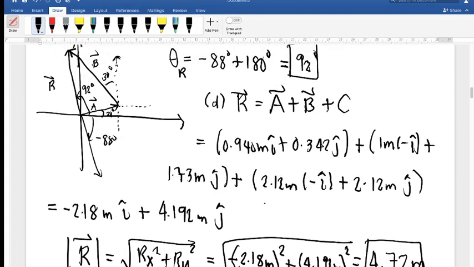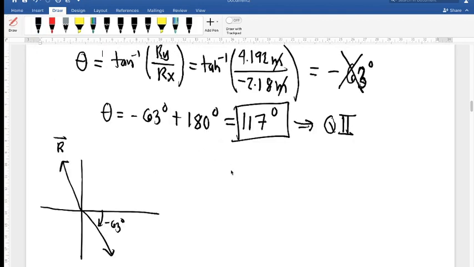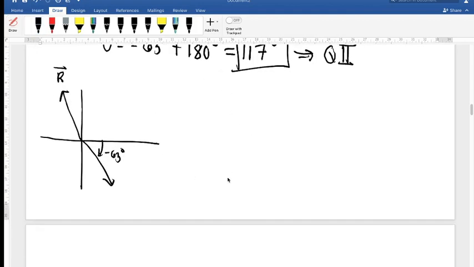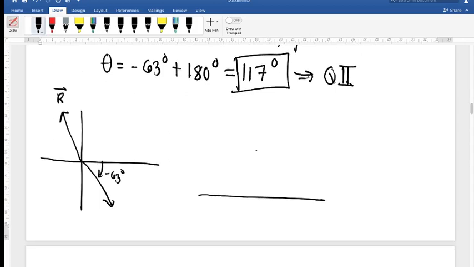If you want to draw, let's draw. This is your x and y axis. Your A is 1 meter at 20 degrees. Then draw again an axis for B, which is 30 degrees, 2 meters.